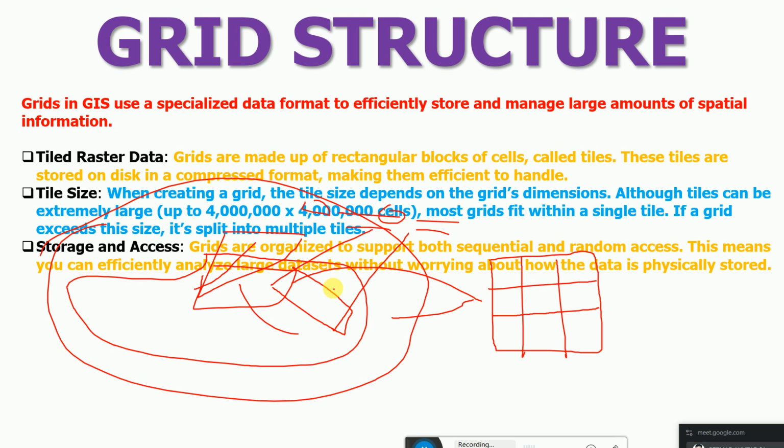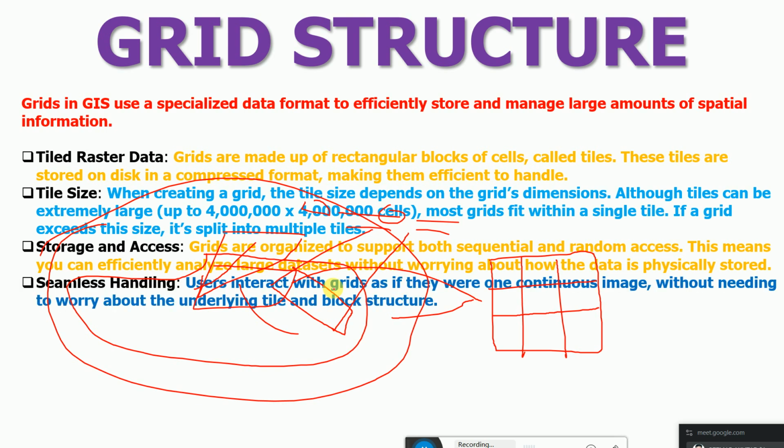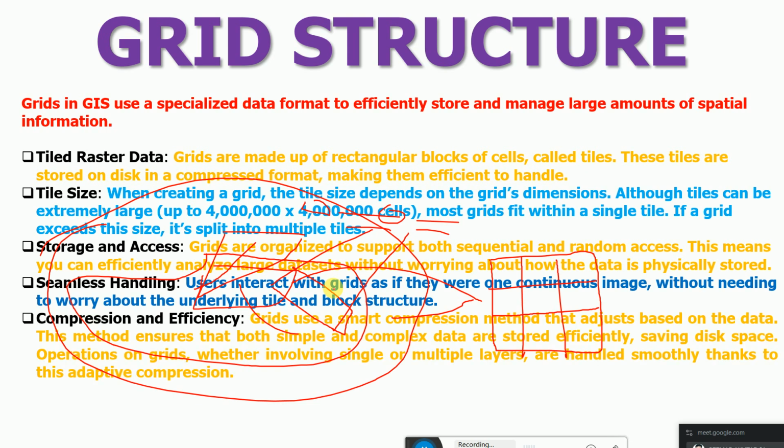Our aim is just to collect the right data from the satellite and analyze it through GIS. You just interact with the grids as if they were a continuous image, without needing to worry about the underlying tile and block structure. That's what I have written here.